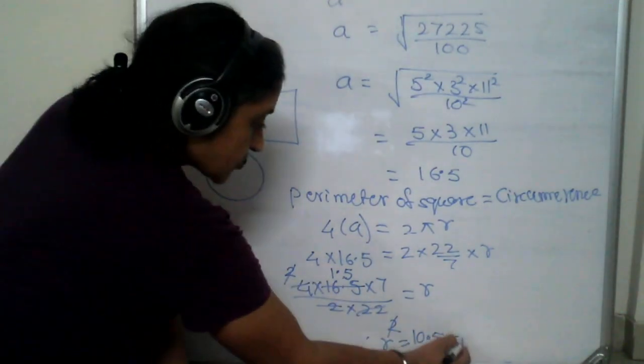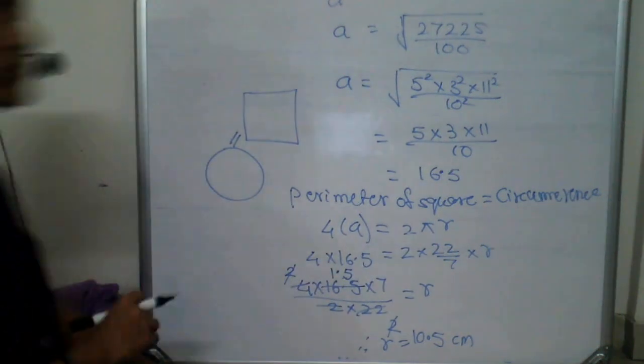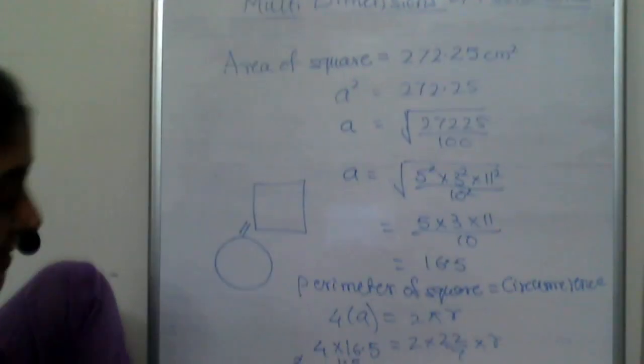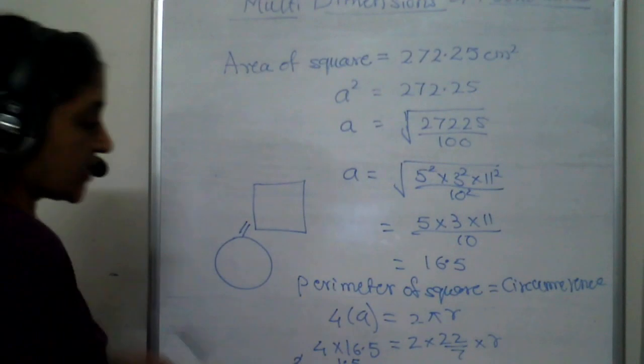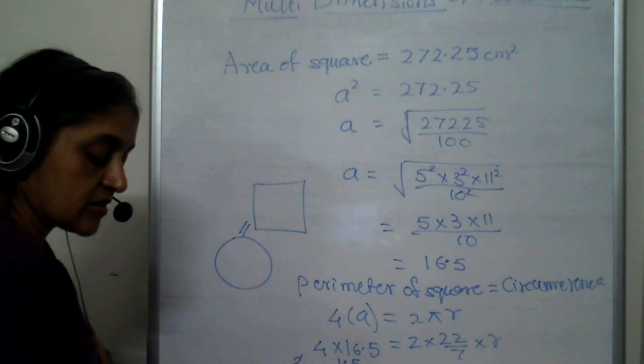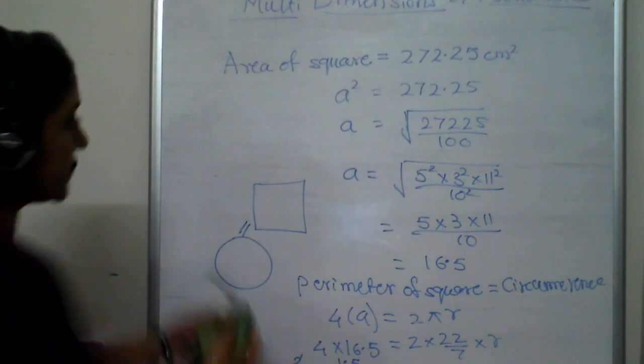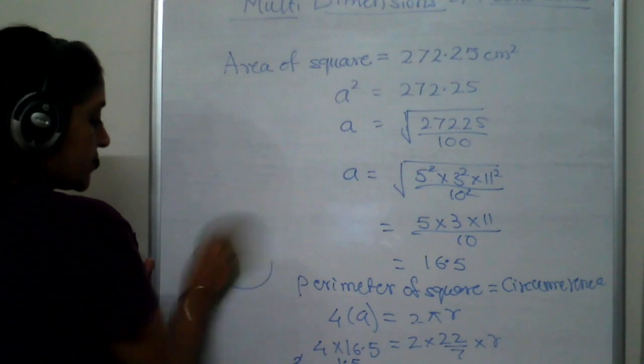Centimeter. So I got the radius, but what we have to calculate? We have to calculate the area of the circle. Now the area of the circle is given by what? Pi r square, right? I'm solving it over here only.